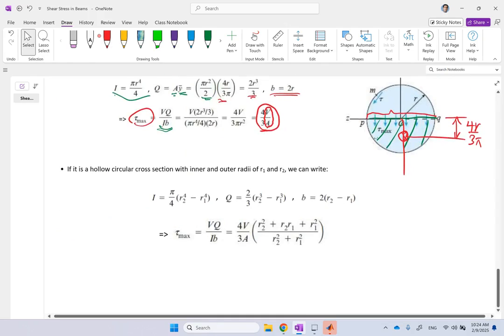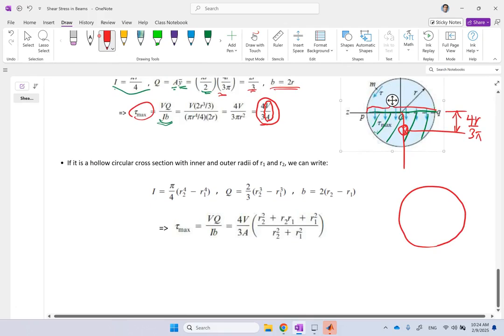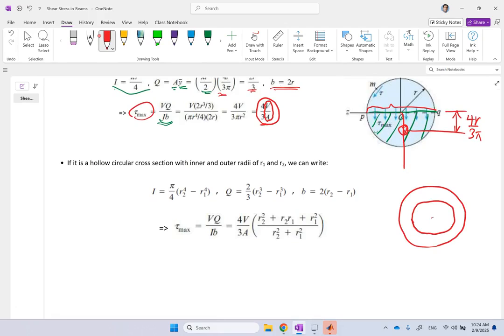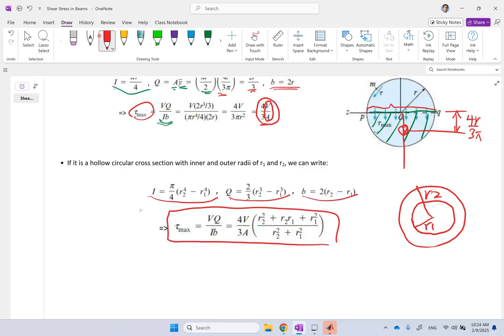And if the cross section is a disc or a donut like this, and you have radius r1 and r2, then I is this, Q is this one, b is this one. Again, you can find something. This time it is 4/3 V over A, but times another parameter here, which depends on the two radii.